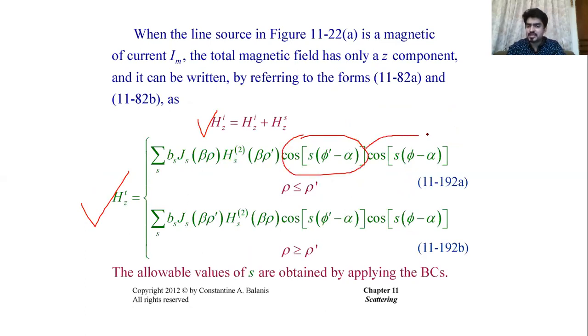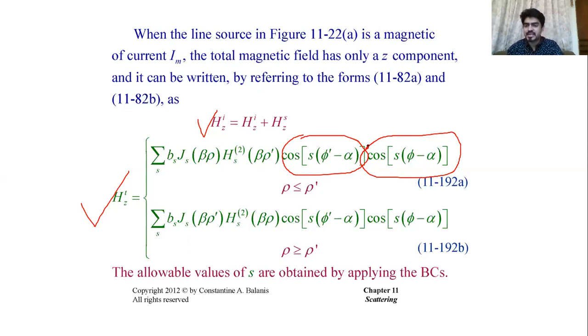Now you can imagine why we have this cosine function. Because when we use Maxwell's equations, we will have to take a derivative, and when we take a derivative, this cosine function will get transformed to a sine function.